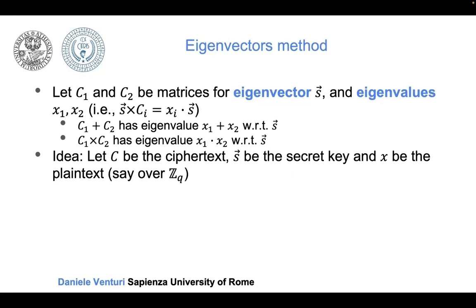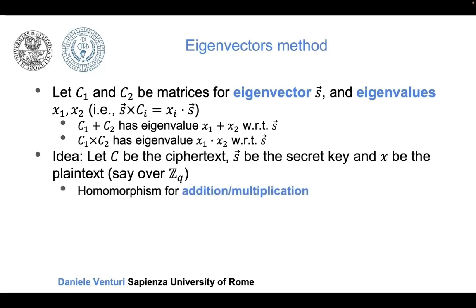If you want to do homomorphic multiplication, just multiply the matrices. And then you get an encryption of the addition or an encryption of the multiplication. Of course, it's not clear how to do this, how do you create this ciphertext? This we still need to see, but that could be our objective in order to get FHE.